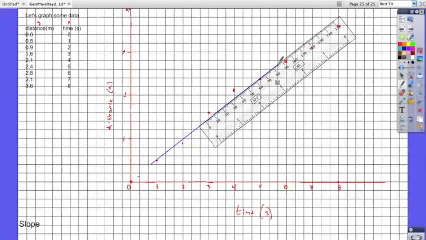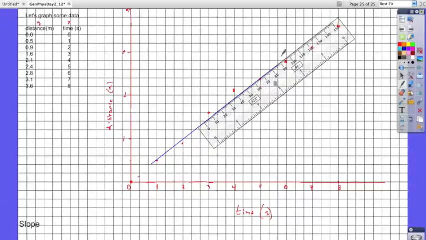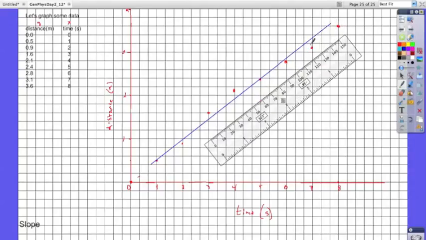And draw it on in. Oops, it didn't draw it yet. No, I think it did. Okay, now move. Yes, it did. So I'm going to close my ruler, and that's my trend line. So my data doesn't touch it at all, but there's some points that are below and some points that are higher. And so that's how I draw a graph.